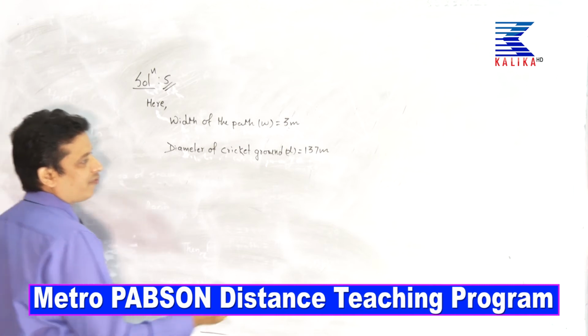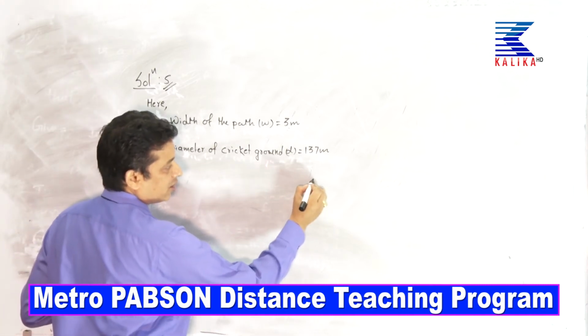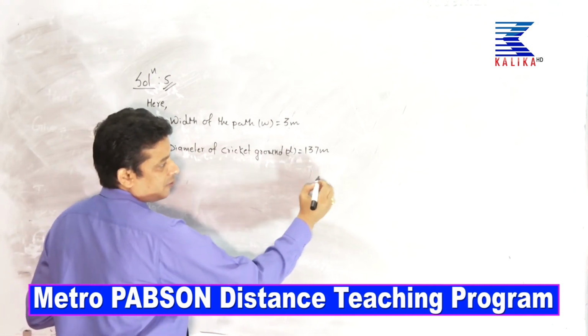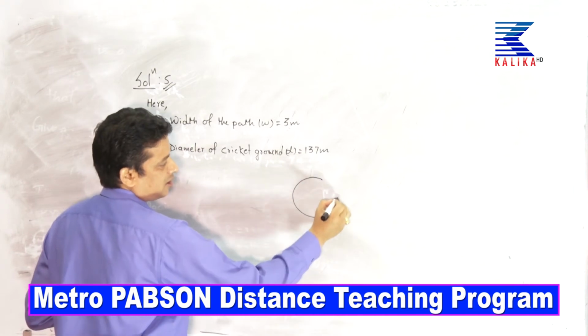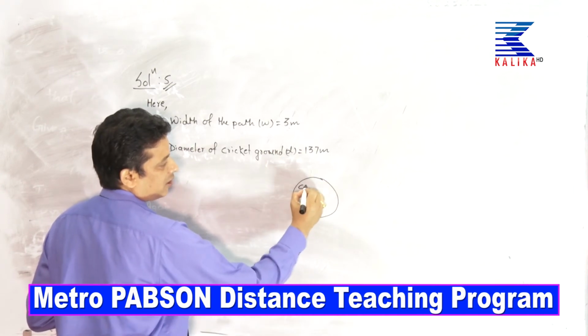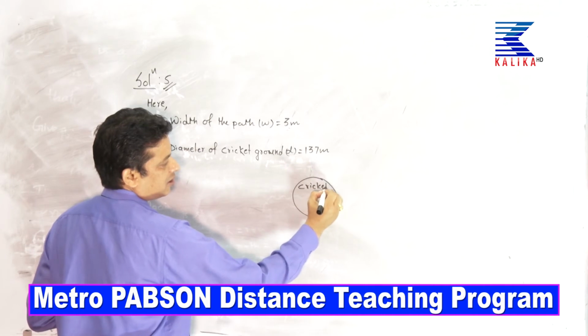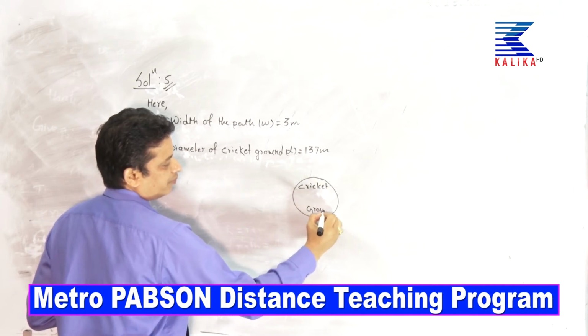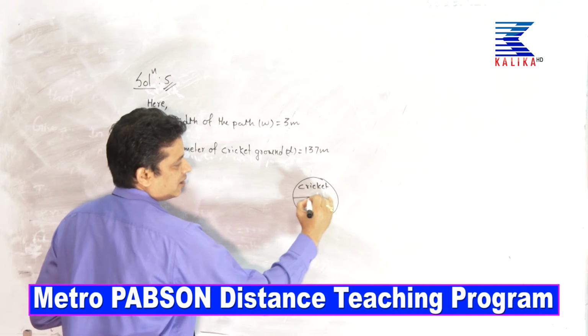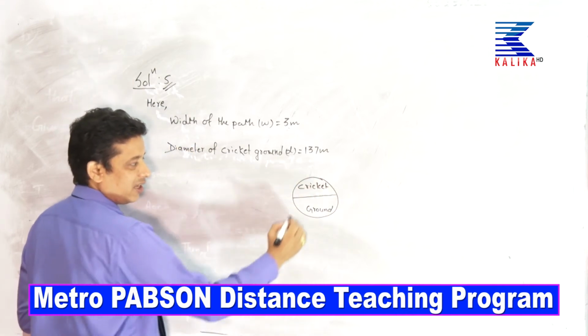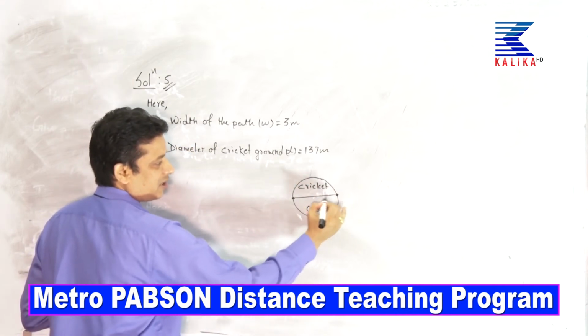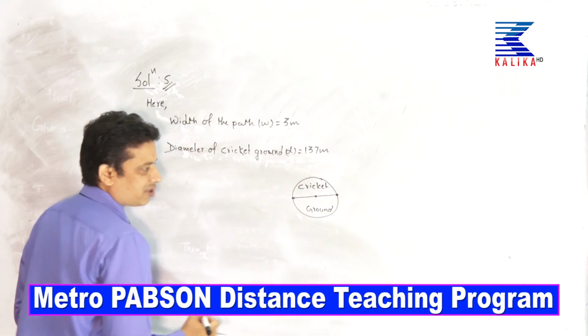Now, let me make a figure to make you clear, my dear student. The question is about this cricket ground. Now, what is this? This is the diameter. This line is the diameter that passes through the center point of the circle.